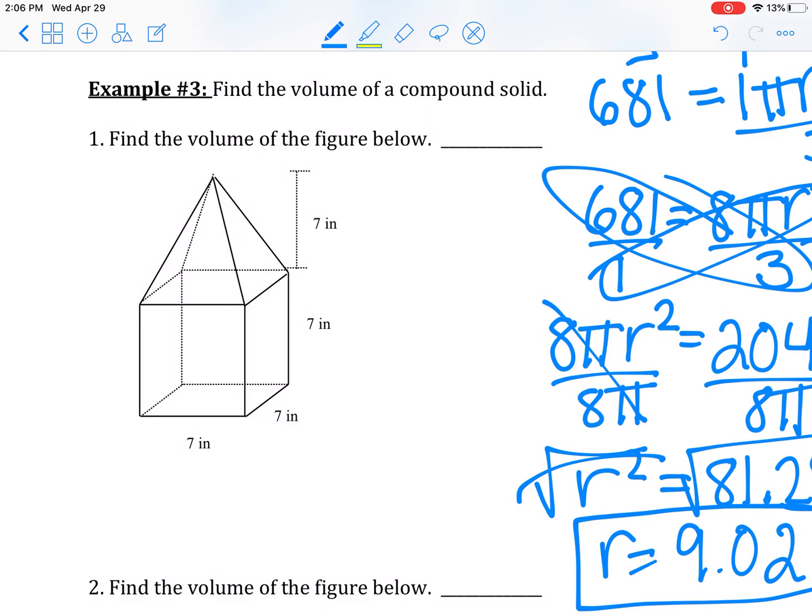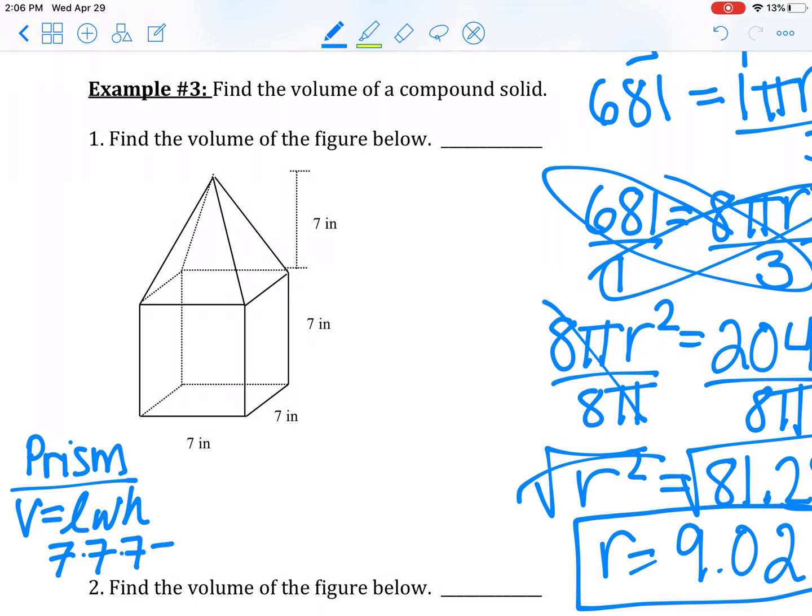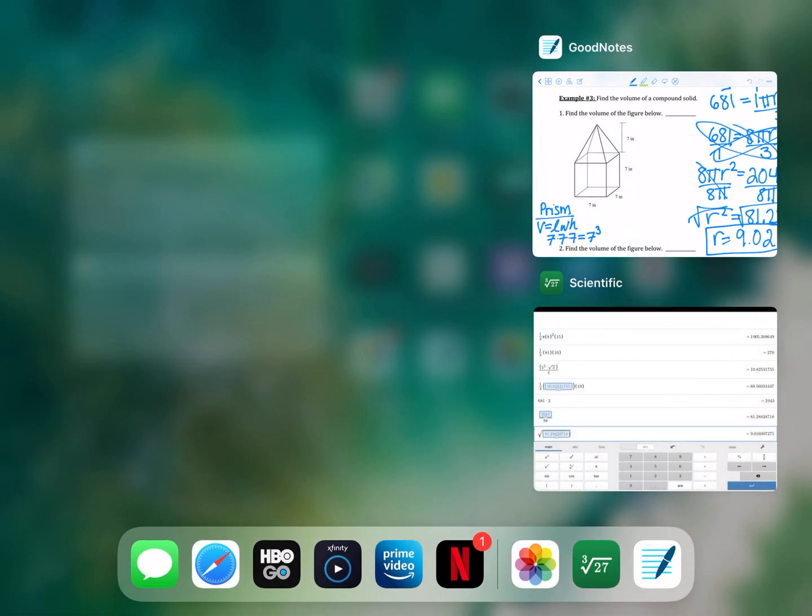Otherwise, let's solve it together. So let's find the prism first. Well, the volume of a prism is length times width times height. This one actually looks like a cube, so it's going to be 7 times 7 times 7, or in other terms, 7 cubed. Let's find what that is.